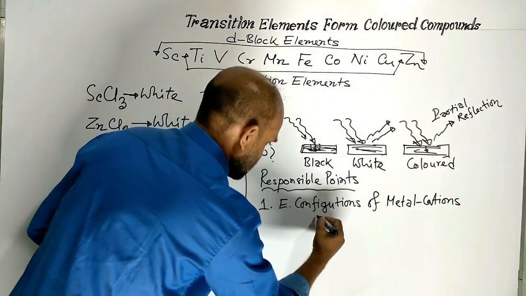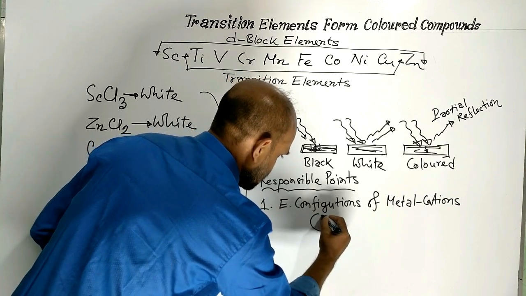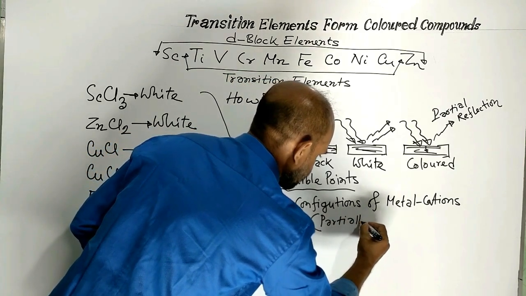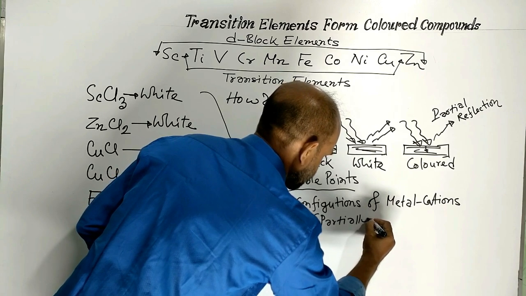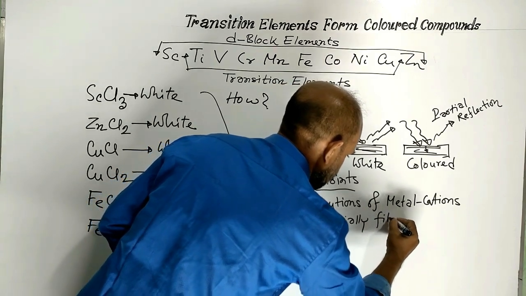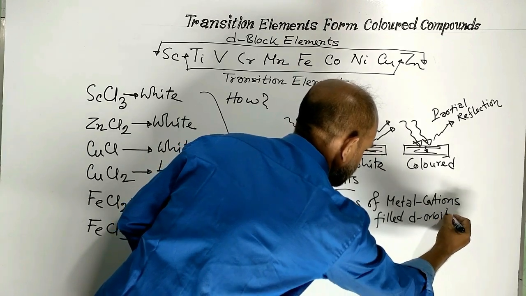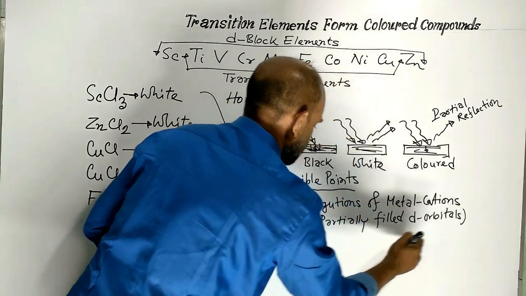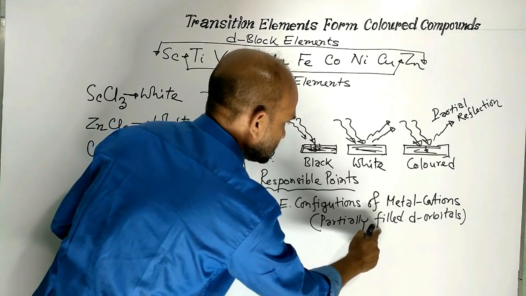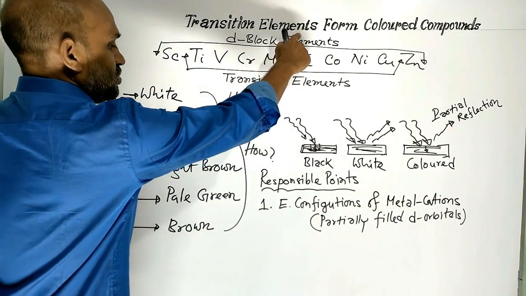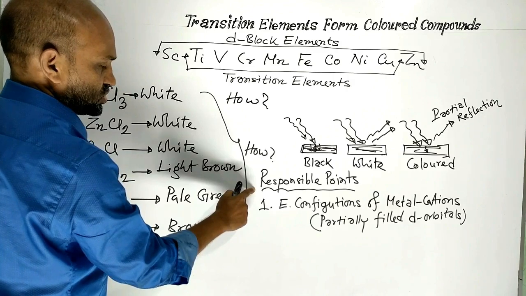Here, basically, partially filled d orbitals are responsible. Partially filled d orbitals are responsible to form colored compounds.